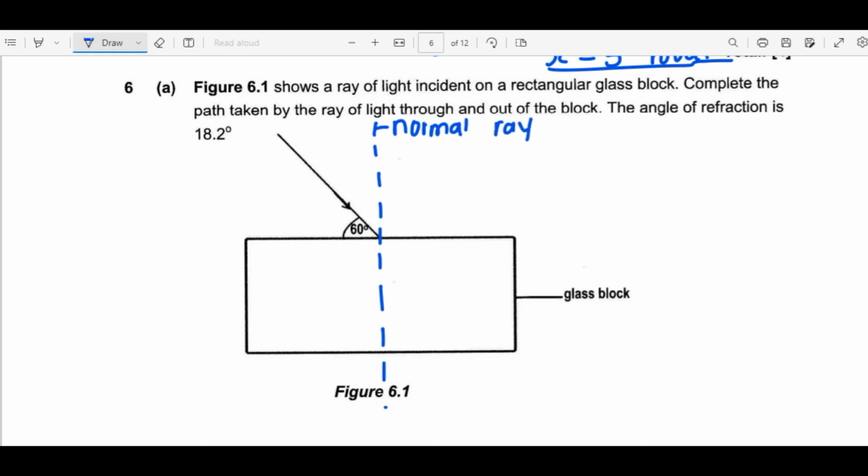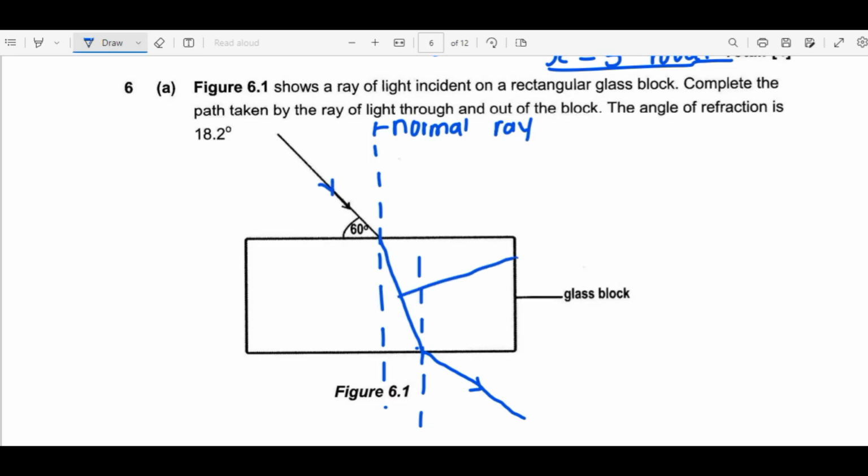Now since this ray of light was moving from a less dense into a more dense medium, we are expecting the bending of light toward the normal. Then since the light is going to emerge, make sure that as it is emerging it is in the same direction as the incident ray.